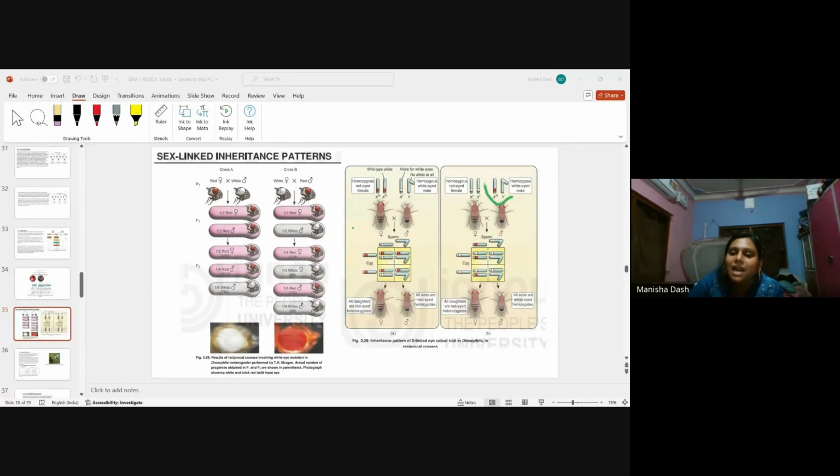So when the father had red eye, with only one X chromosome in the male, the X is donated to the daughter, so only the daughters had red eye color. And since the mother had the mutant, white-eyed X, all the sons had white eye color. This is what Morgan explained as sex-linked inheritance: somatic characters inherited by the sex chromosome, primarily the X chromosome.